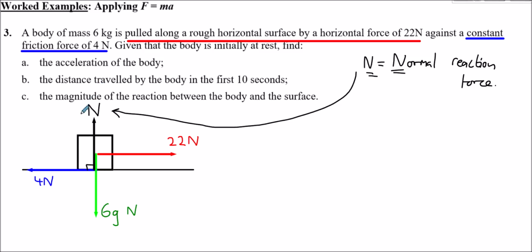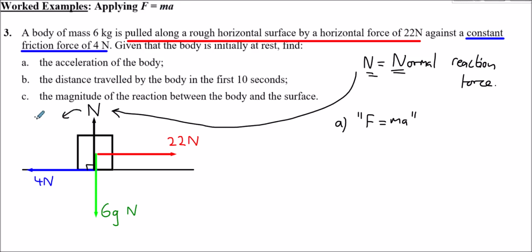So now we can go forward and work out the question. Work out a, the acceleration of the body. What we can do here is apply Newton's second law, F equals ma. The acceleration is going to be in the direction of the resultant force.